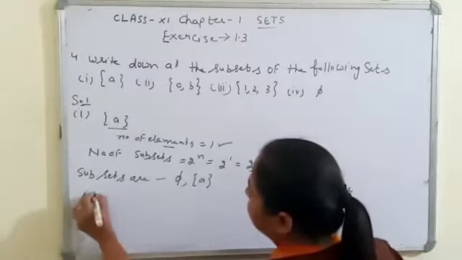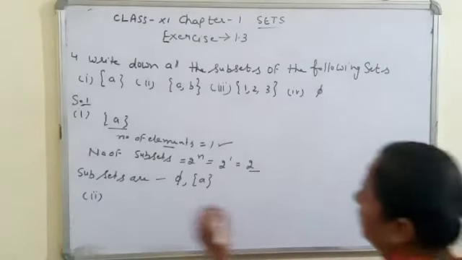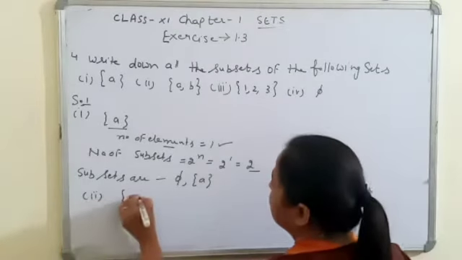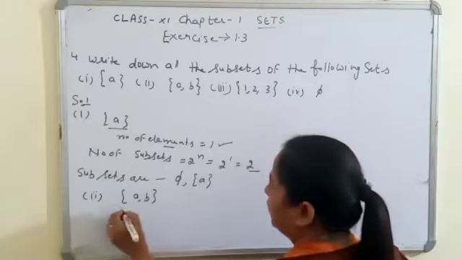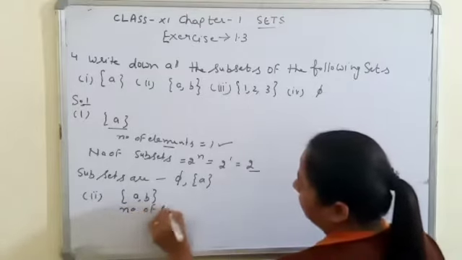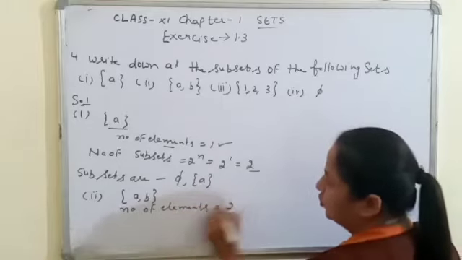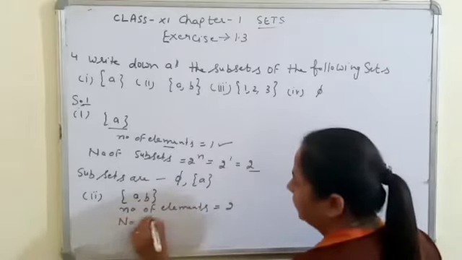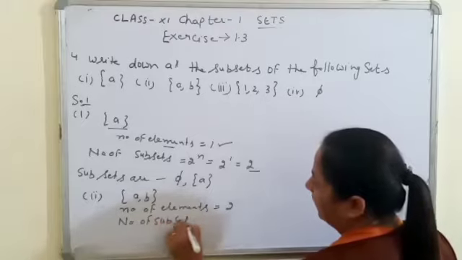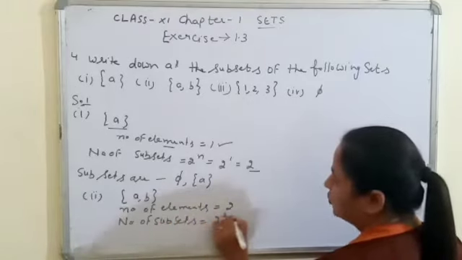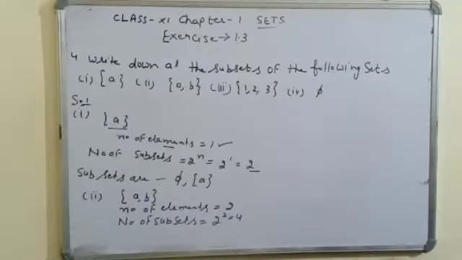Question second. The second set has 2 elements, so the number of subsets is 2 power 2, that is 4. So here we will make the 4 subsets.